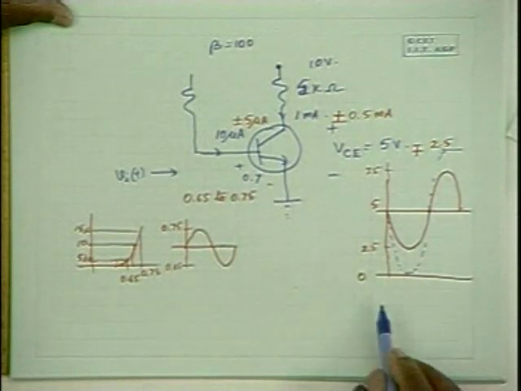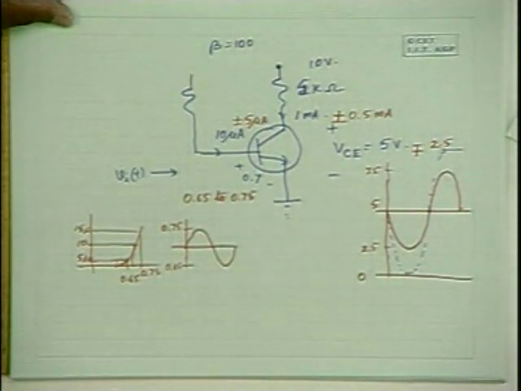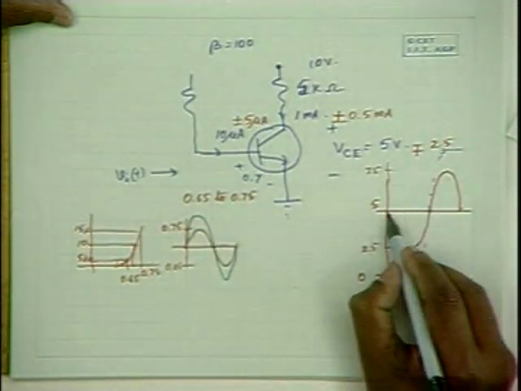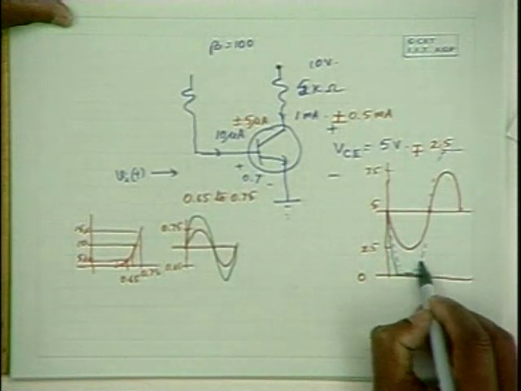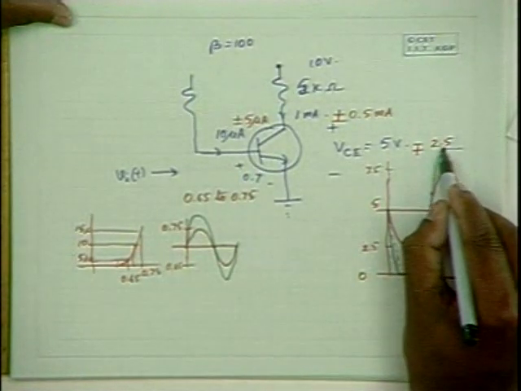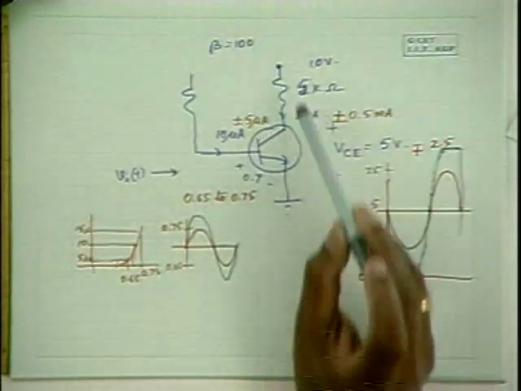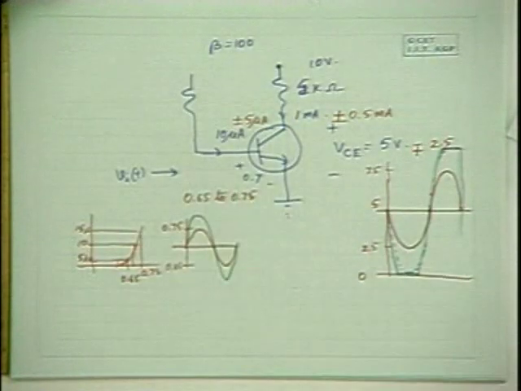If the input voltage is further increased like this, you will have a distorted output. Naturally these limits are fixed by the biasing voltages and the supply voltage and so on.